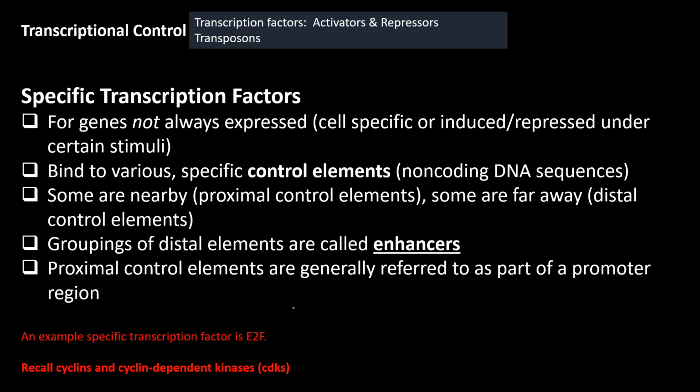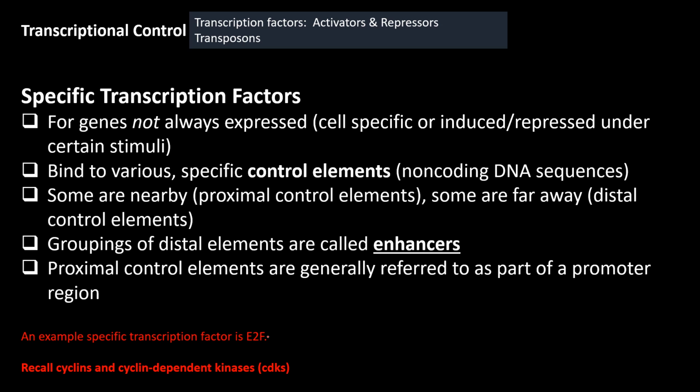And one simple example of a specific transcription factor, one that I used to work on in grad school, was E2F, right? And recall that we had those proteins, the cyclin-dependent kinases. And one of the things these cyclin-dependent kinases do is phosphorylate proteins like E2F, okay? Activating the genes they're involved in.